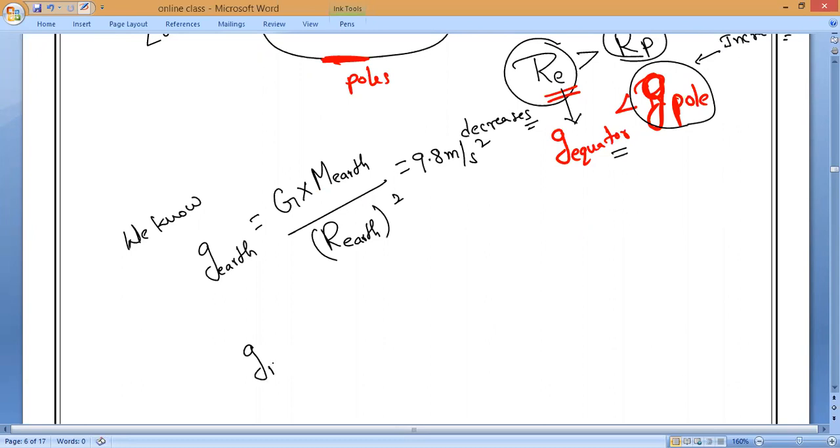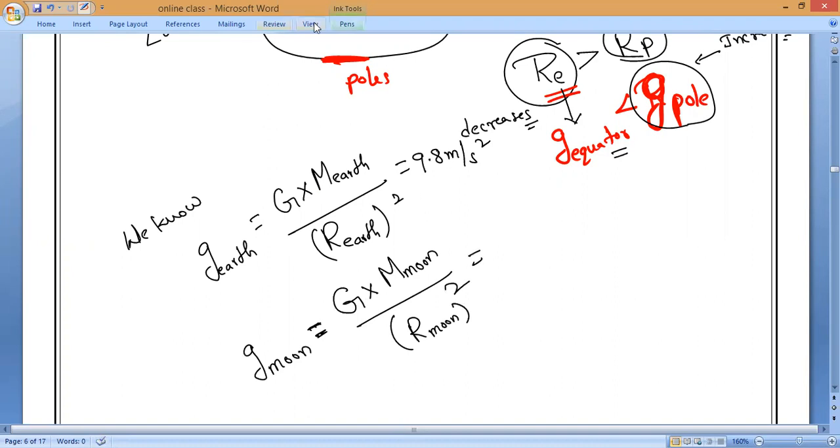Next, if we take the moon, what will come? Acceleration due to gravity of moon is the universal gravitational constant times the mass of moon divided by the radius of moon squared. What is the value? 1.63 meter per second square.